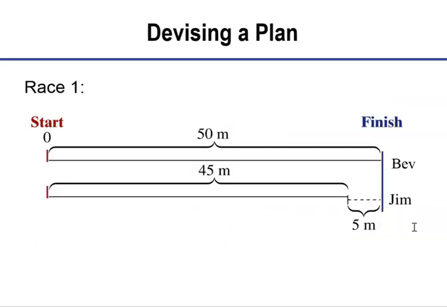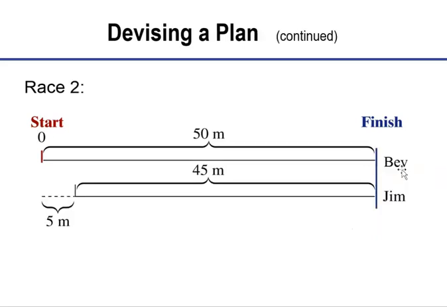Here's a picture, a more accurate depiction, right? This is race 1, by the way. This is where we started this story. Bev ran 50 meters in the same amount of time that Jim ran 45. And of course he was short. Bev was definitely the winner of the first race. But what about race 2? And that's the picture we just drew, race 2.